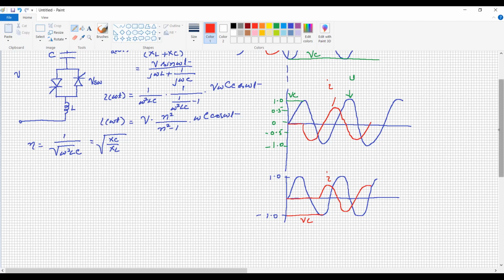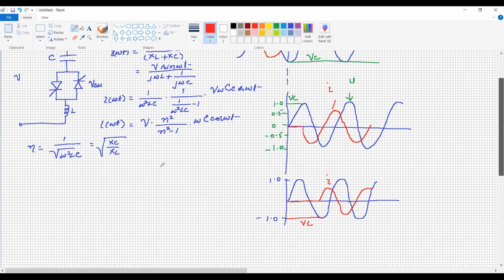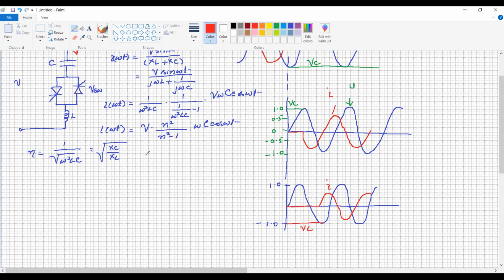condition, if we want transient free switching of the capacitor, we can understand with the help of this diagram. Say, this is the system voltage, and similar to this one, this is the capacitor voltage VC.